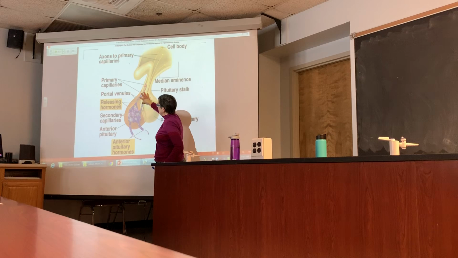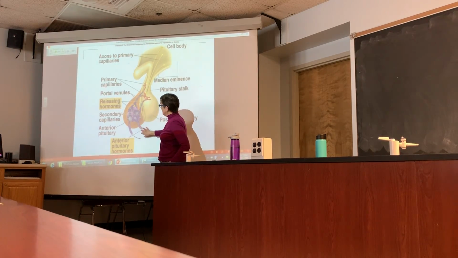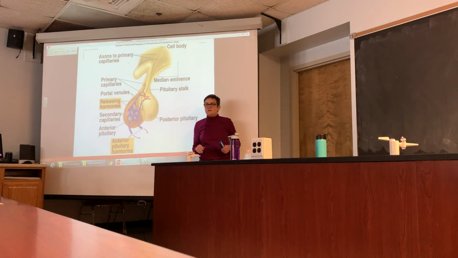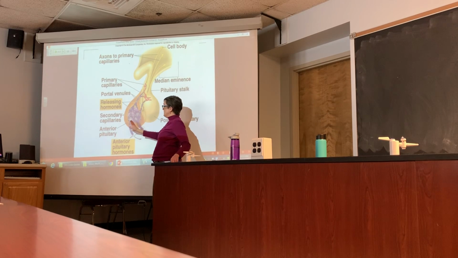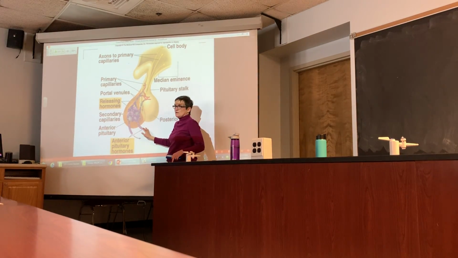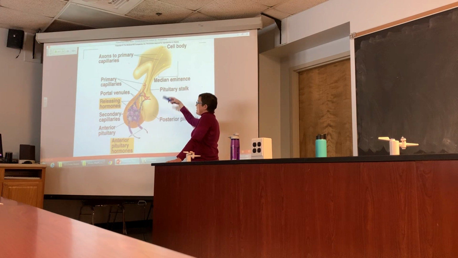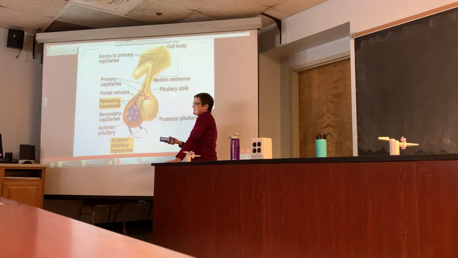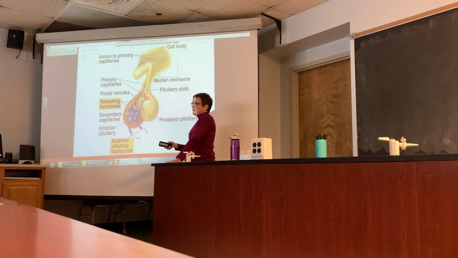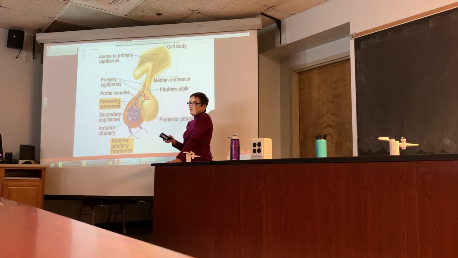So the greens are releasing hormones from up there. The pink are the anterior pituitary hormones. Now, if it's an inhibitory hormone, then you're not going to get hormone production, only if it's a releasing hormone. So for all of those hormones, you're either producing releasing hormones or in some cases inhibitory hormones, but not always. And whichever is produced at that moment is going to determine whether or not you're producing a particular hormone at that moment.